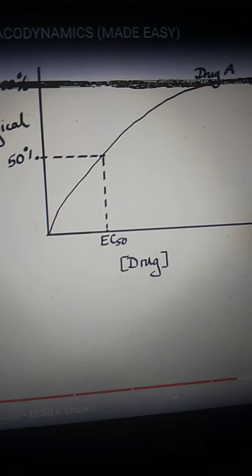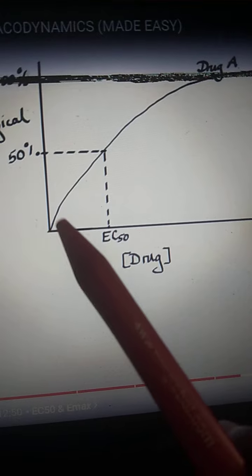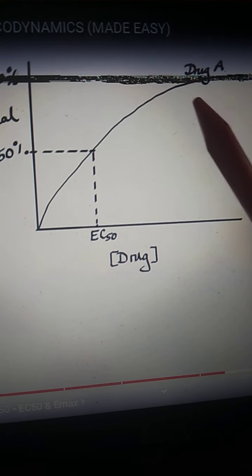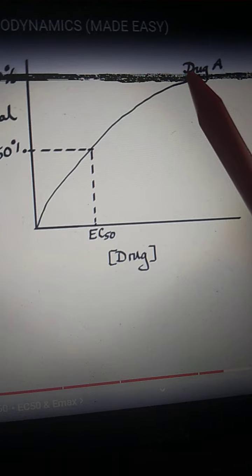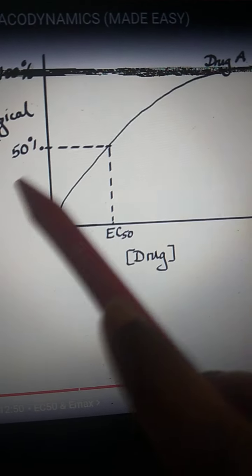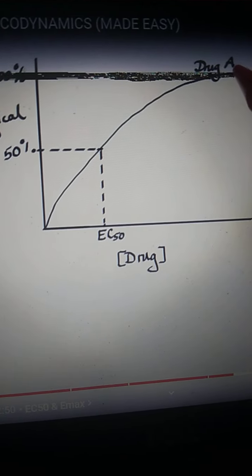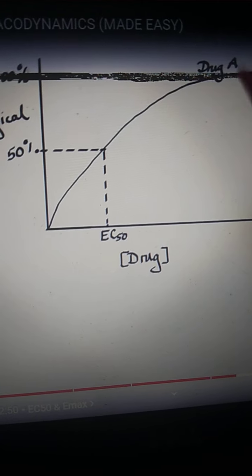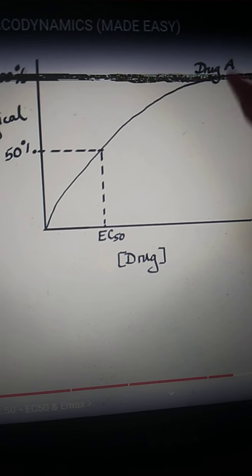Once the concentration of the drug increases, the number of receptors that it occupies will keep increasing. At one point, all the receptors are bound by the drug. Now, this is the point at which the maximum pharmacological effect can be produced by a drug.